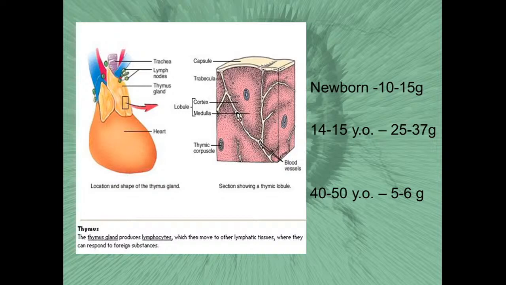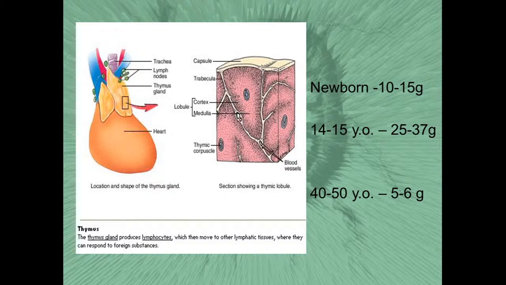Then it gets the weight of 25 to 37 grams at the age of 14 to 15 years old. So you see it increases approximately 2 times, because the period from the newborn to puberty is the period of most active formation of immunity.